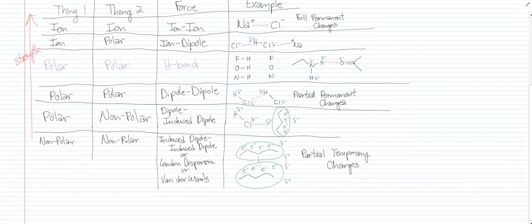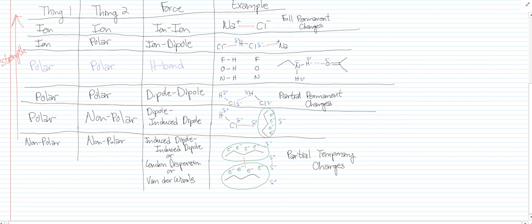So for some reason, a lot of people like to get the opinion that hydrogen bonding is the strongest intermolecular force. That's just not true. Ion-ion is stronger, but we do talk about how strong hydrogen bonding is. Hydrogen bonding is the reason you can fill a glass with water over the rim and it doesn't spill out, because those hydrogen bonds in the H2O molecules are so strong that it will create kind of like a dome or a little bubble before it spills out of the cup.